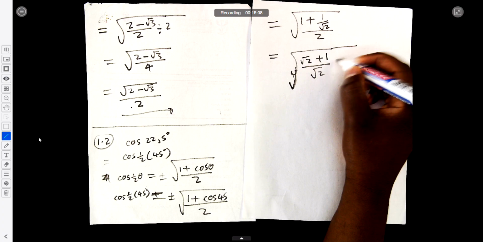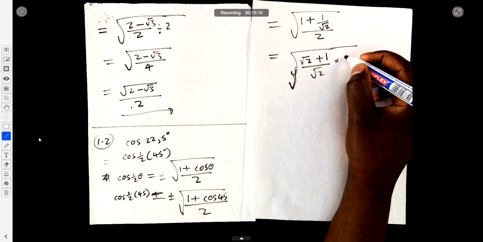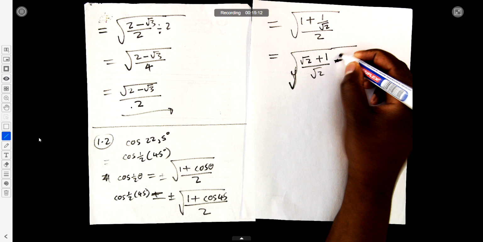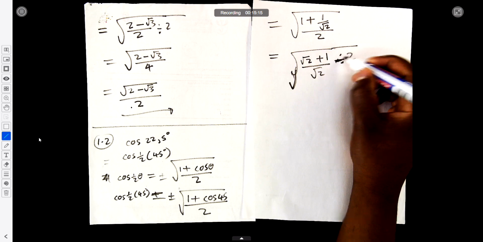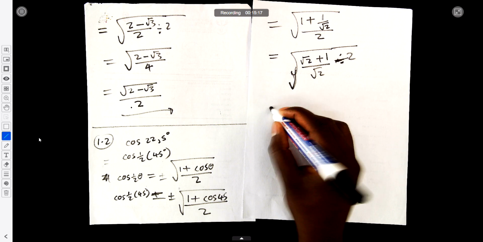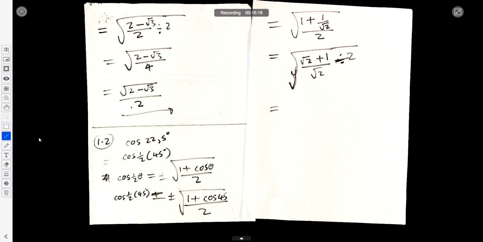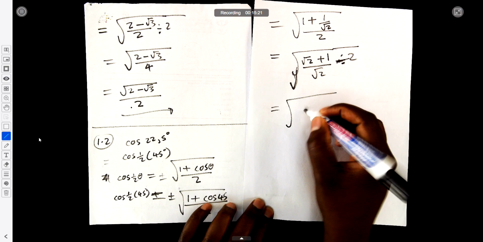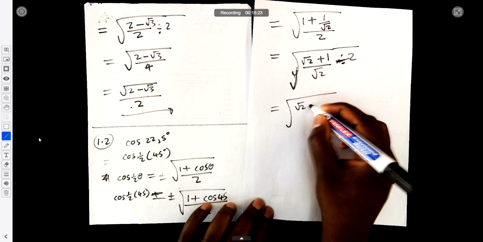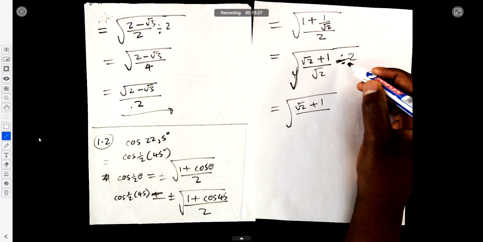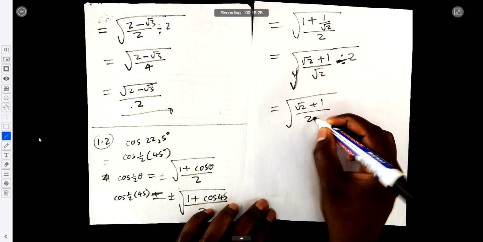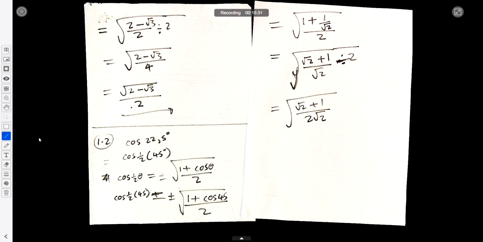So instead, let me write this division in this format: we'll have that over 2. So changing it to multiplication, we have root 2 plus 1, all divided by, changing this to multiplication, it goes to the denominator, it means with root 2. So we'll have 2 root 2 multiplied by root 2.